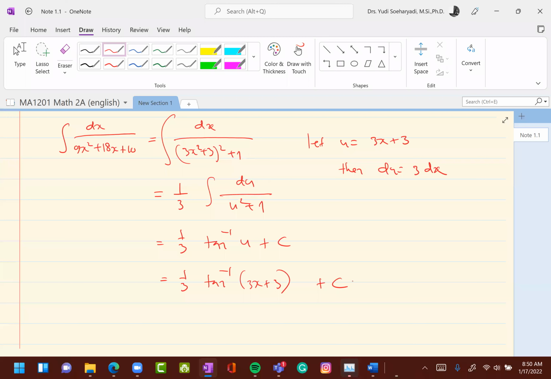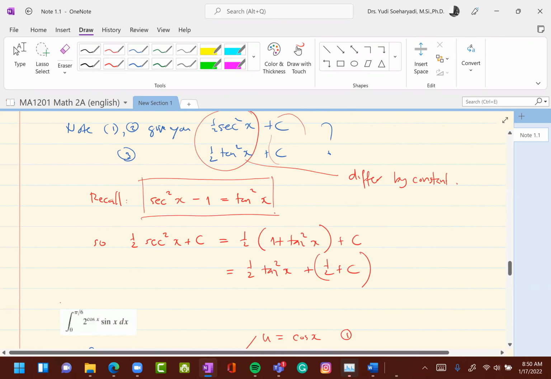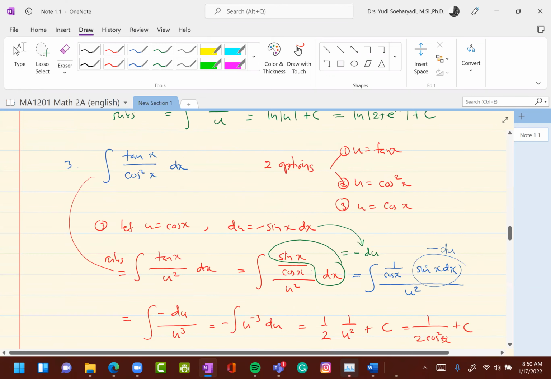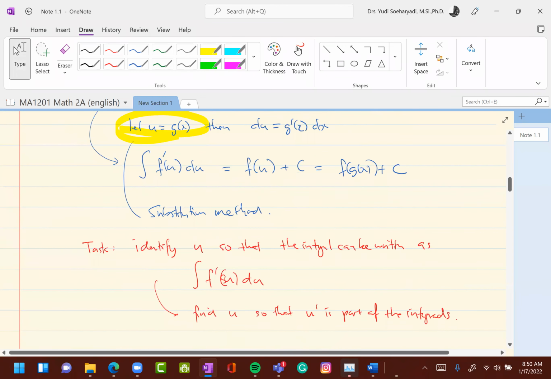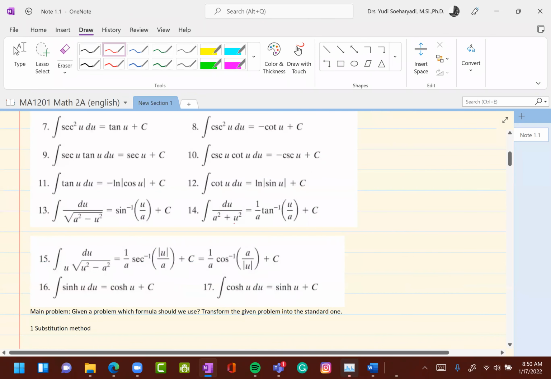If this term is not 1, of course you can do it just by the formula. Sorry, let's go back to the beginning, because our formula has this a squared, which is not necessarily 1.